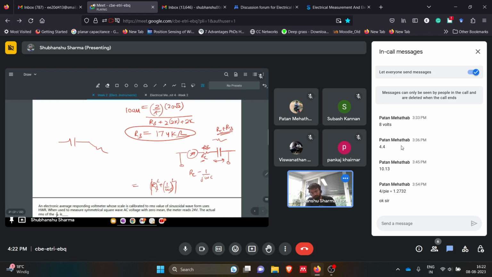Initially the impedance was RC. Now the new impedance is the square root of RC square plus 1 by omega c square. Then also it is increasing, so somehow we are increasing the impedance of this branch. I think it's clear that we are getting more drop here by adding a capacitor here.